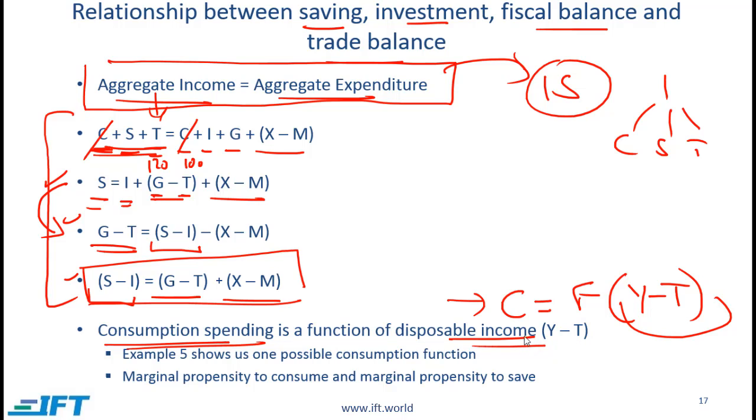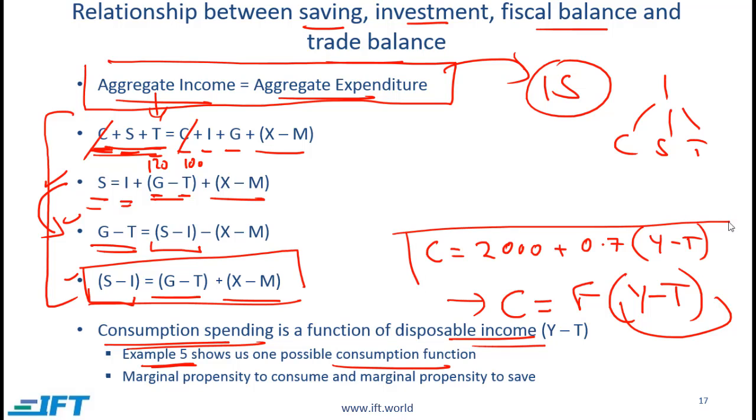And just to get a sense for the sort of function that you might see, if you look at example 5, this shows one possible consumption function. Notice that the consumption function increases as disposable income increases, and that is what you would expect.